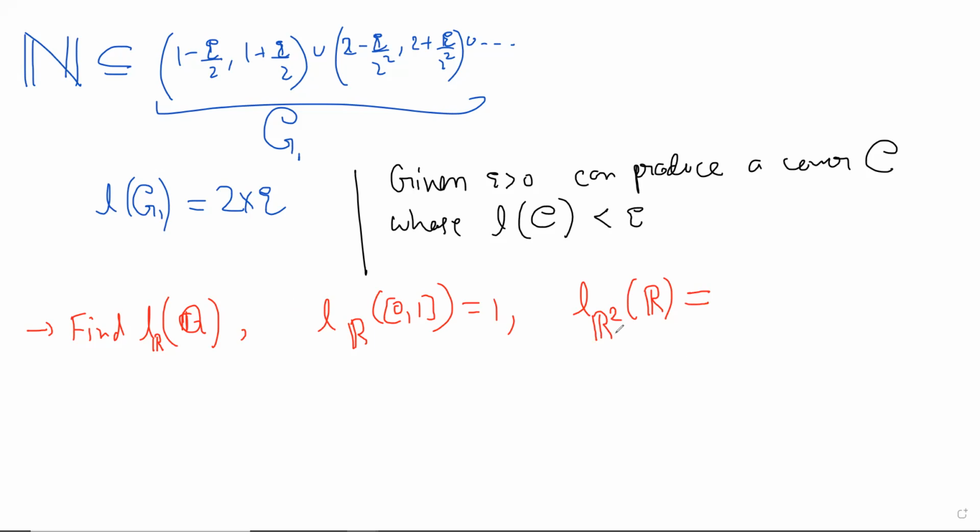It means you have to cover it with squares, or balls, tiny squares. Because for each square, you know what the length is. You have to cover it with squares so that the sum of the lengths of the squares is smaller and smaller. Okay, so try this. Then you will understand this concept of relative better. And these things go a long way into dimension and so on.